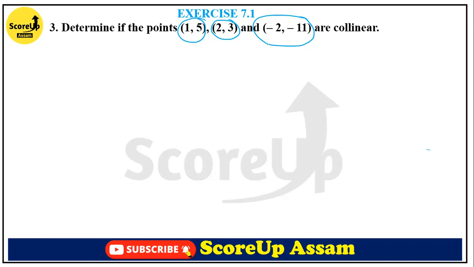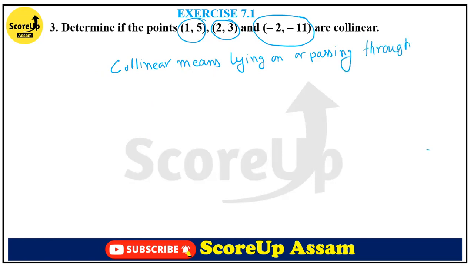So collinear means lying on or passing through the same straight line. Okay, this is the meaning of collinear.